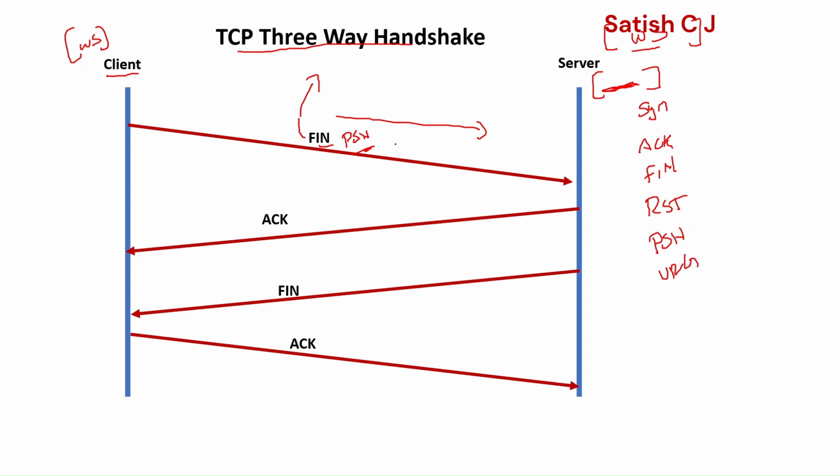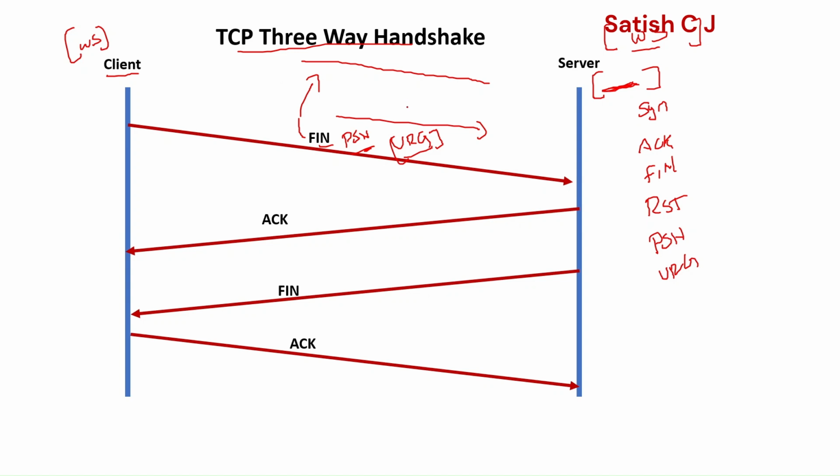And what is the use of the urgent flag? When data comes with the urgent flag set to 1, it means we have some high priority data. What do I mean by high priority? Say you are transferring a large file and you want to cut short the transfer and terminate it, so maybe you give a Ctrl+C. Now Ctrl+C has a higher priority because it is going to terminate the file transfer.